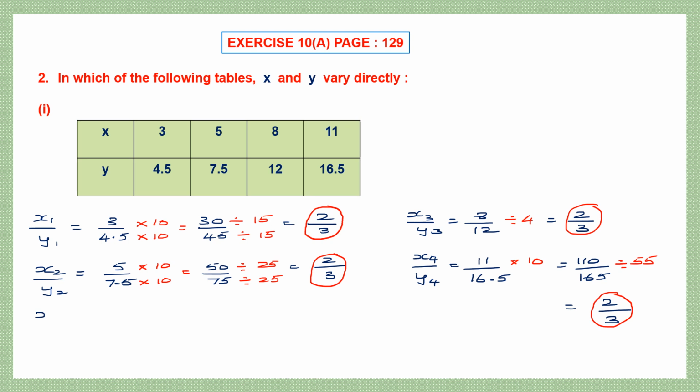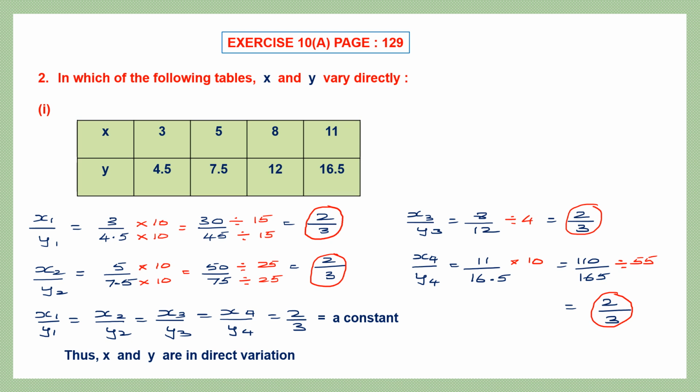So here x1 by y1 is equal to x2 by y2, which is equal to x3 by y3, which is equal to x4 by y4, and all these are equal to 2 by 3. That means this is a constant. So we say that x and y are in direct variation.